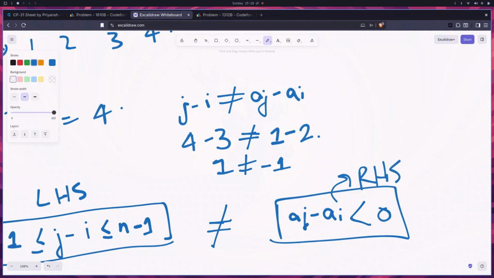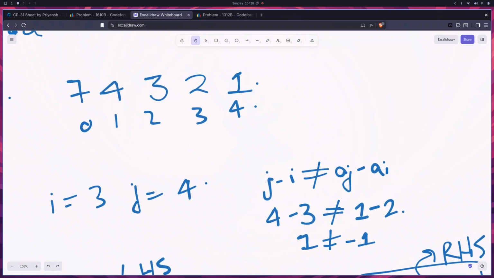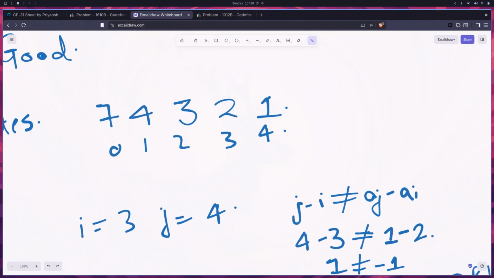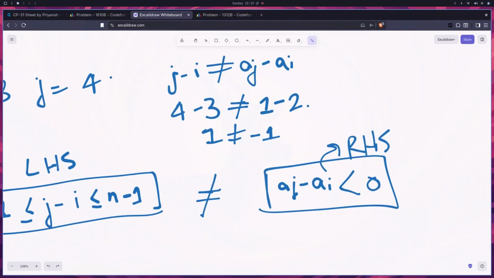This is the RHS. Why? Because we have arranged the array in descending order. The difference of two values, the element at the greater position minus the element at the lesser position, will always come negative because the element at the greater position will be lesser than the value at the lesser position. Are you getting what I'm saying?